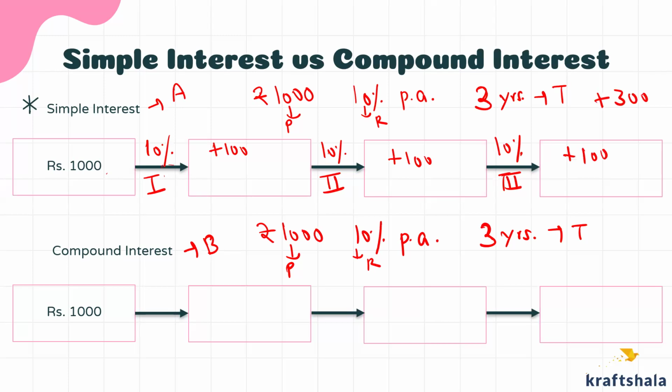So first case में how much will you return? 1000 जो आपने लिया था plus 300, that is 1300. First case में you will return your friend 1300 after 3 years.